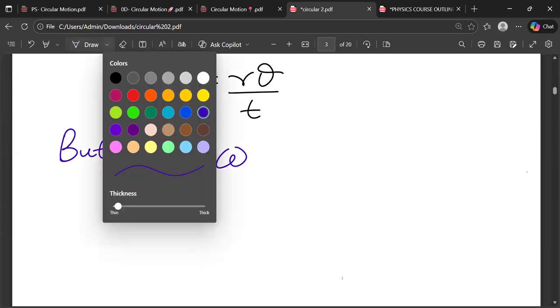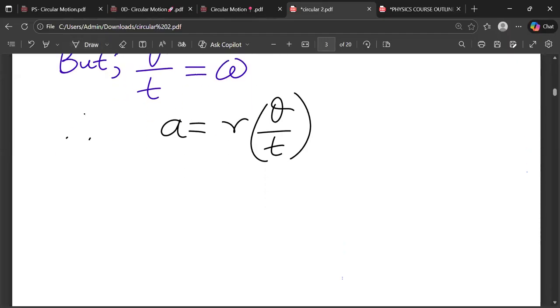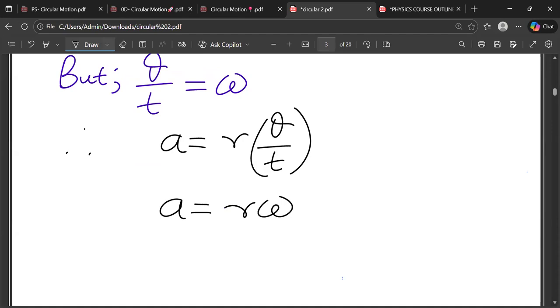So you can come and say, therefore, my A will be v, then here you say theta over t, so that you substitute your omega very well with no disturbances. So you can proceed after that and say your A is v omega, like that.